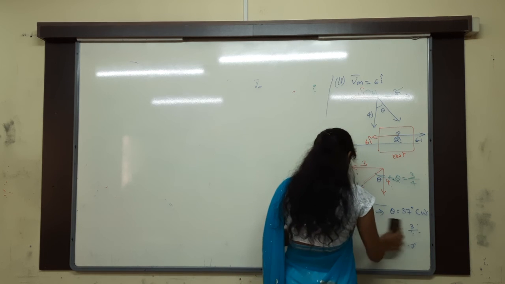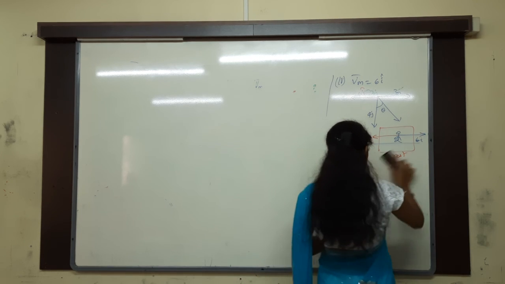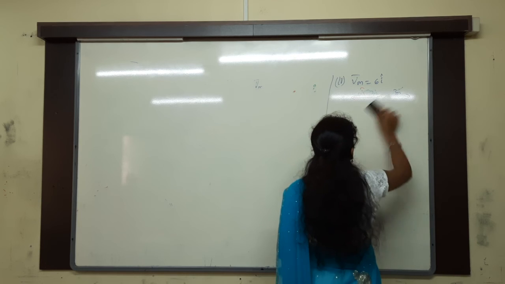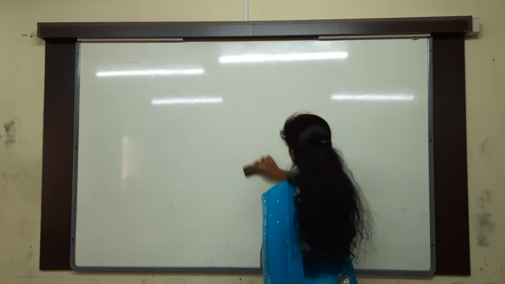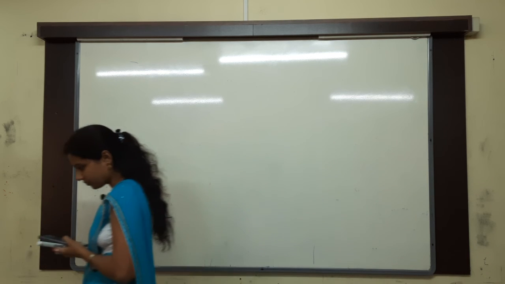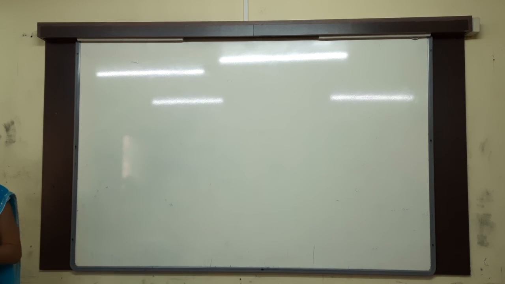When he increases his speed to 6 kilometers per hour, it appears to meet him at an angle of 45 degrees with the vertical.